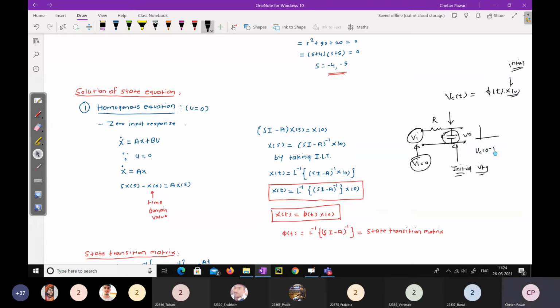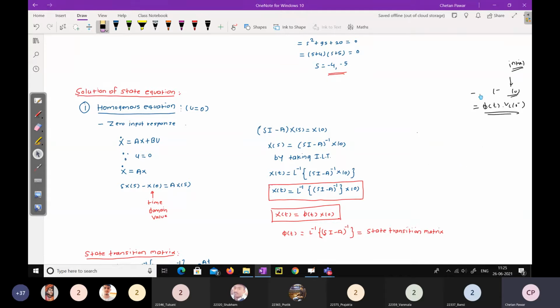In network analysis, you must have solved examples like this. So the system is there, a homogeneous equation. We have not applied any input to the system. So this is the equation, and this is important: x of t is equal to phi of t into x of 0.